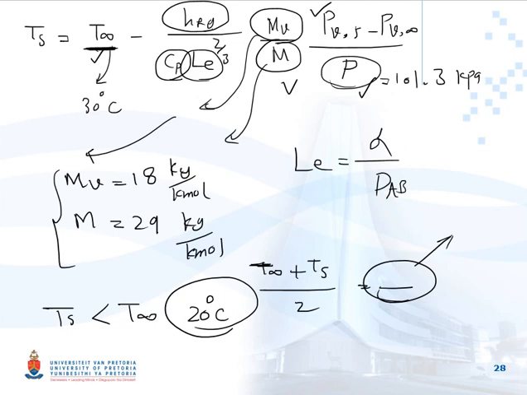So we read the properties at 25 degrees. But the property of what at 25? Water is clear: water we read at 20 degrees, because of the surface temperature.